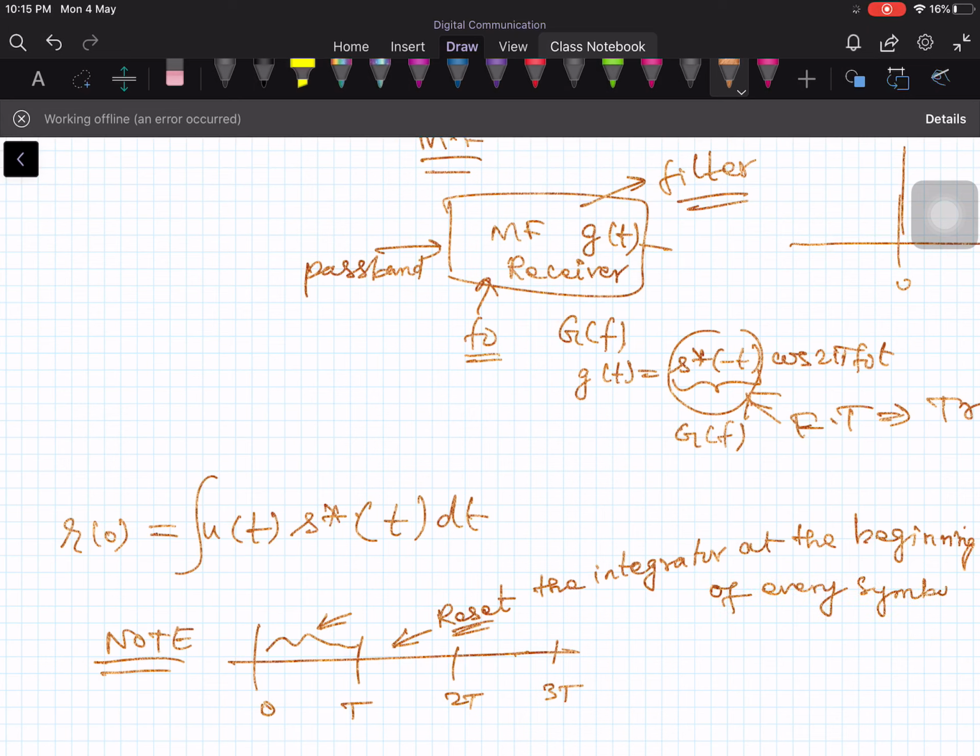Otherwise, if you don't reset, that value will also be added in, and that will not give the correct answer. Therefore, whenever you multiply the two signals in the correlator and do the integration, once the operation is over, you have to reset the integrator. You have to restart the integration every bit interval if you want to share the same integrator from one time interval to the next.